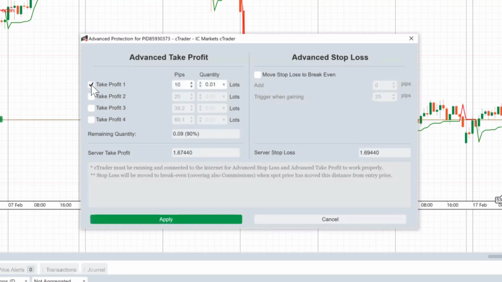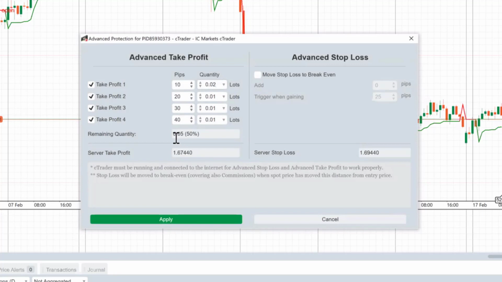So I could have one at 10 pips, one at 20. We'll make this one 30. And then we'll make the next one 40. And we can choose the quantity that we take off. So for the first one, I might just want to take off 0.2.